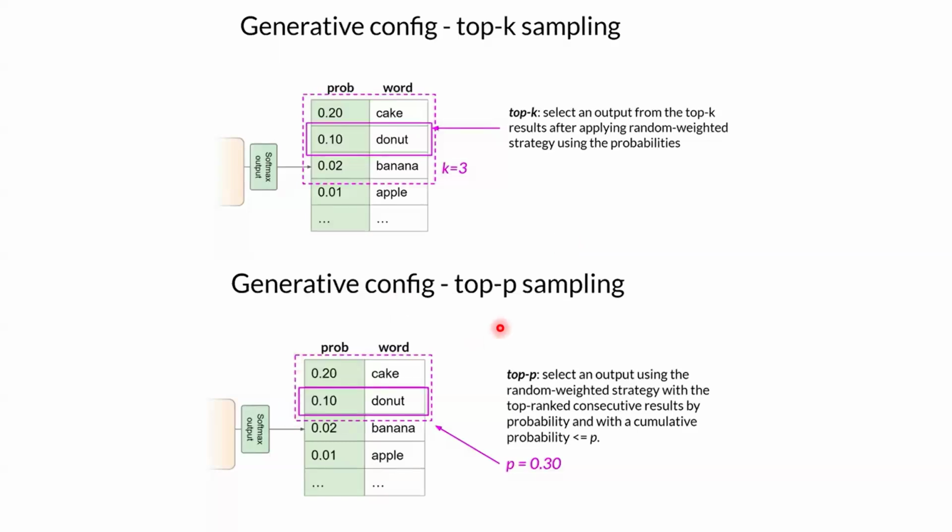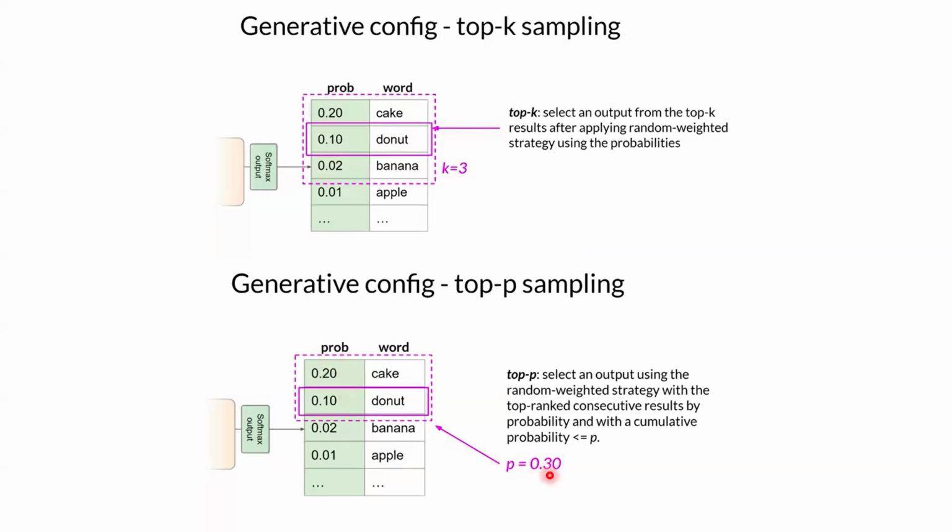Then there is something called top P. In top P, if P is equal to 0.3, it will start adding the probabilities from the beginning. It will say, okay, 0.2 plus 0.1. So it will consider only these two records because the cumulative sum of these two becomes 0.3. So it will give the output only out of these two.